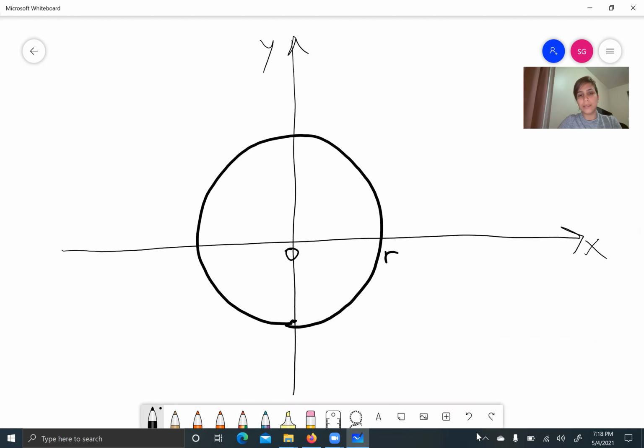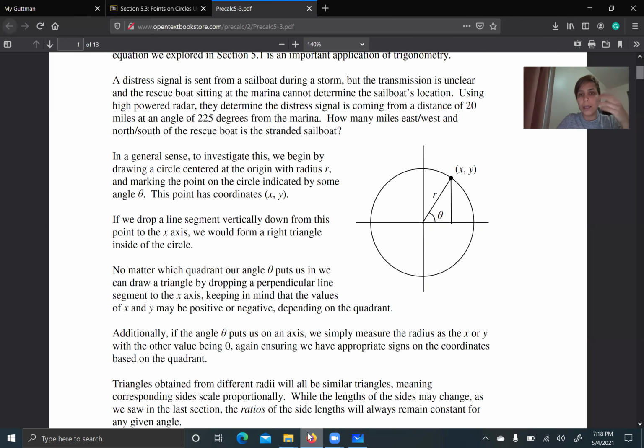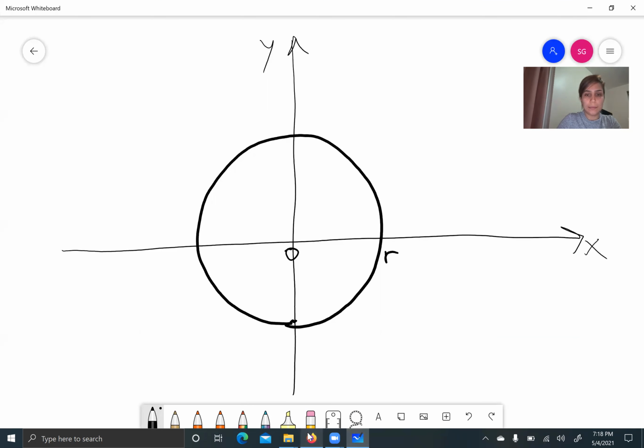The radius of this circle is r. Now, suppose you show an angle here. You come and draw this angle, and let's say you denote it by theta, a Greek letter theta.